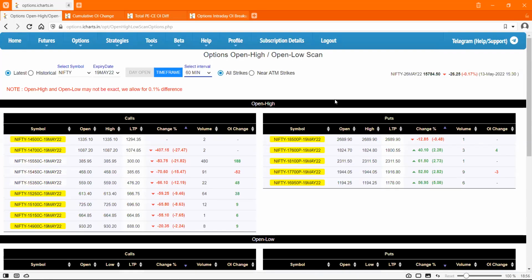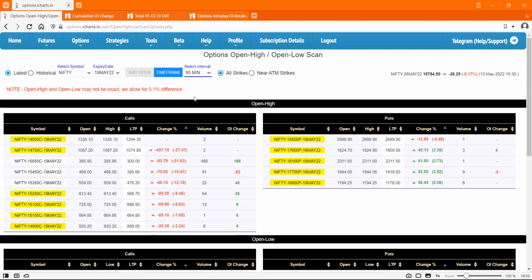Srikanth: Can you just repeat again? What do you mean by the last hour when you select 60 minutes? When you say 60-minute interval, it is going to tell you the current hour. Here, the data you're looking at is as of 3:30 on Friday.